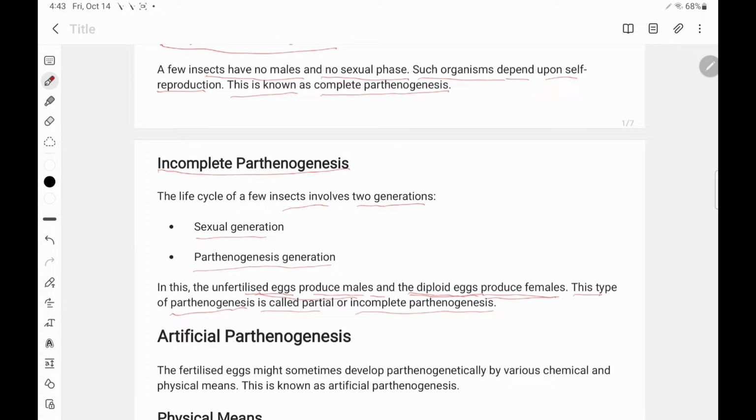Suppose that the egg has n number of chromosomes. It is called haploid. This is an unfertilized egg, and it develops into a male.